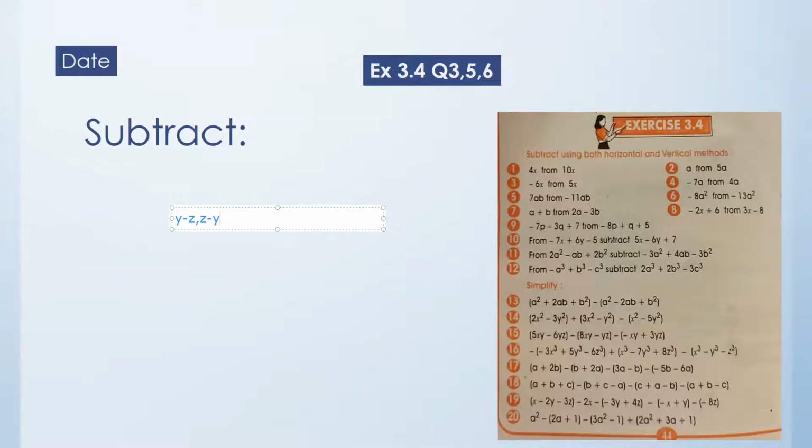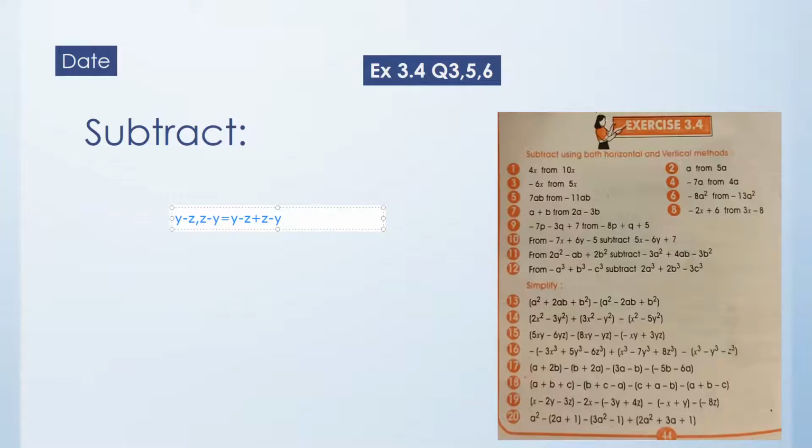In such a type of question, when we remove the comma, look at this question, everybody. If I remove the comma, I get y minus z, then the plus sign will be there because it's a question of addition. Remove the comma and we have to put the sign of addition.